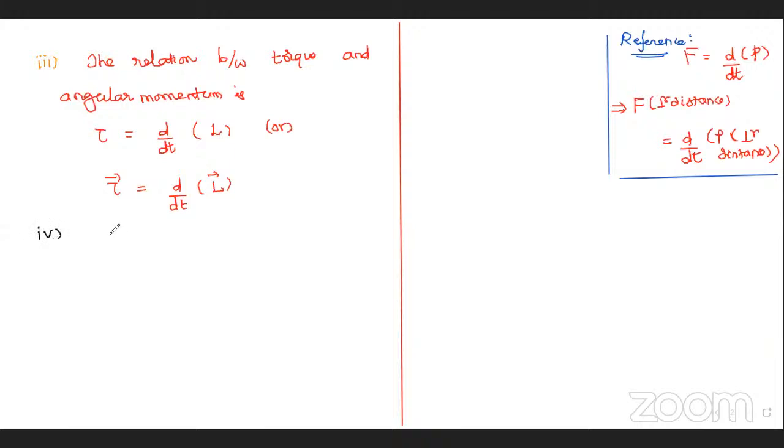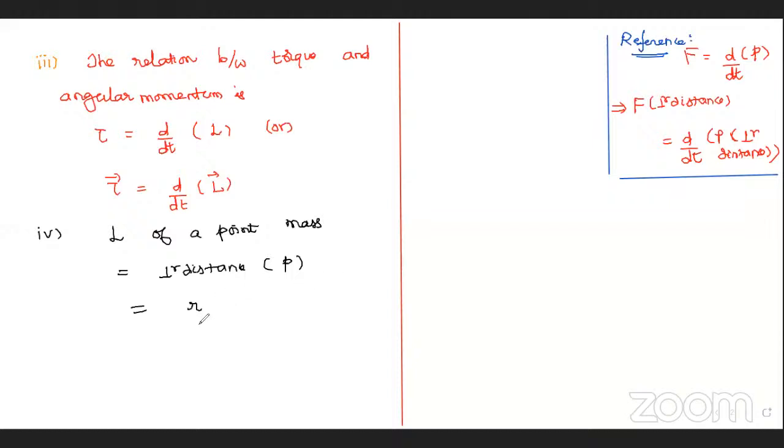How, sir? Look at L of a point mass in rotatory motion. It is continuously moving and has some linear momentum; the perpendicular distance we can calculate. L is equal to perpendicular distance into linear momentum. That perpendicular distance we represent with r.